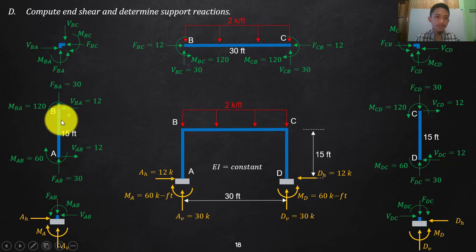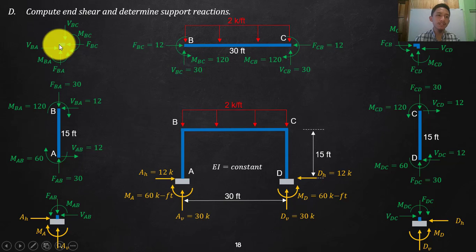First we will transfer it to your connection joints. So this will go there. VBA, we do not know this one. VBA is to the left, so that will go to the right, and then moment is clockwise, that will go counterclockwise. Here, shear going up will go down, and counterclockwise will go clockwise.